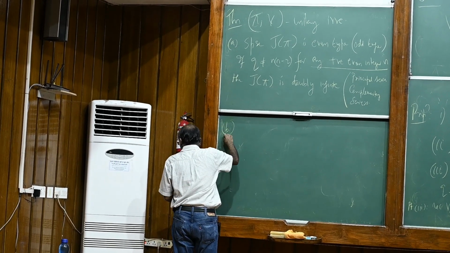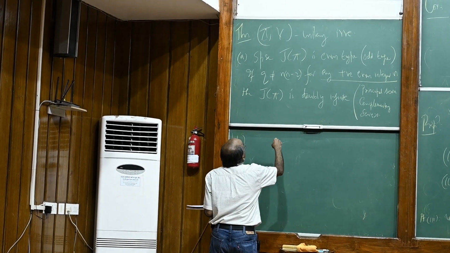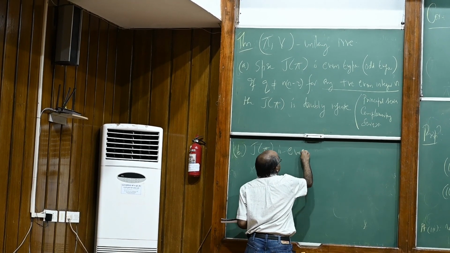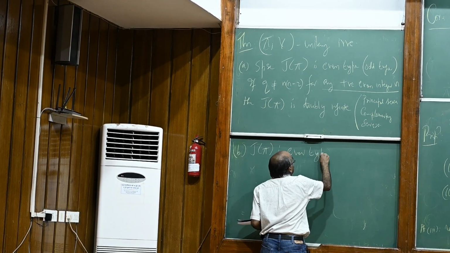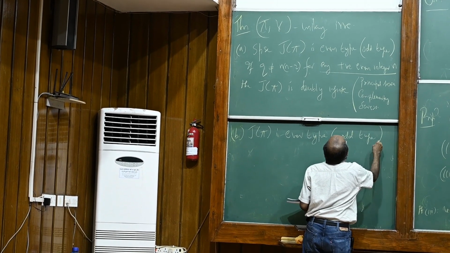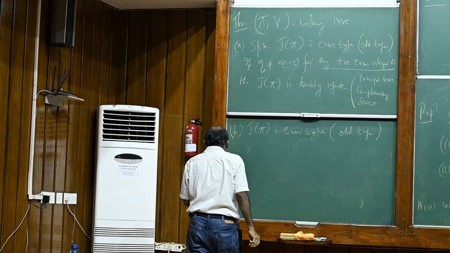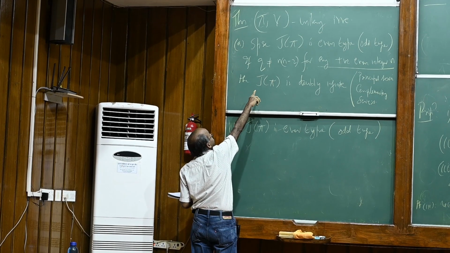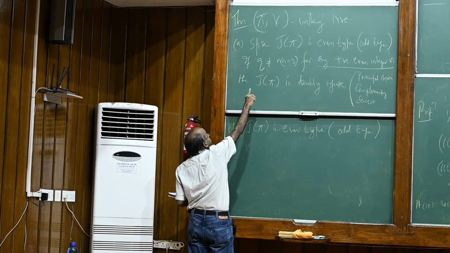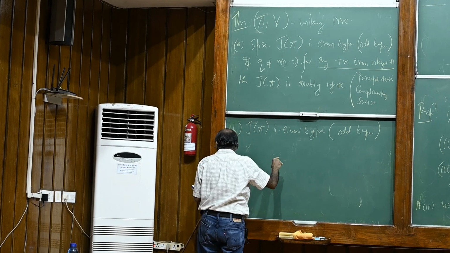B. So again, J pi is even type or odd type. If so, we have analyzed the case where q is not equal to n into n minus 2, where you have J pi going in both directions.